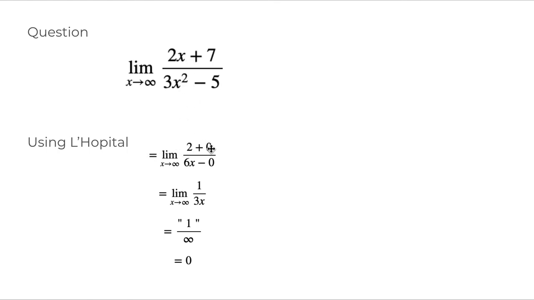You'll have 2 plus 0 and 3 times 2 times x minus 0. So that's 2 by 6x, that is 1 by 3x. If you put infinity in the denominator, you'll have it as 0, right? Because 3 times infinity is infinity and 1 by infinity is 0. So the limit of (2x plus 7) upon (3x square minus 5) as x tends to infinity is actually 0.